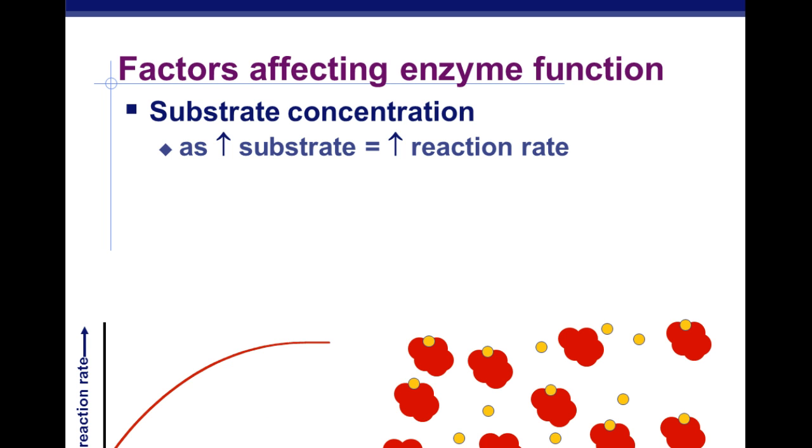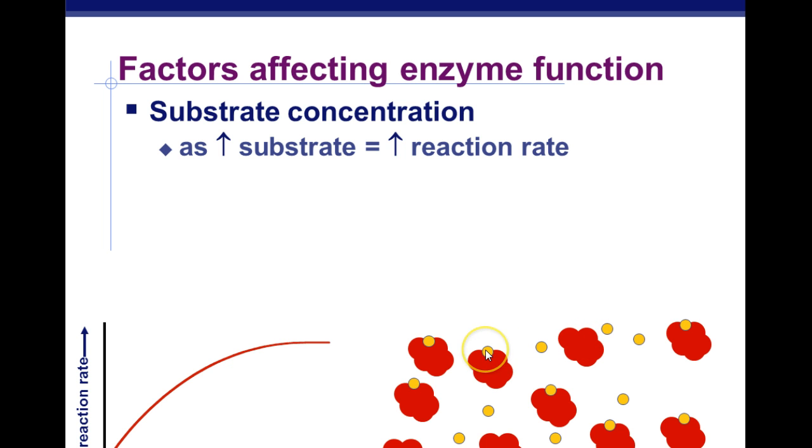Okay, so write in your notes that if we increase the concentration of substrate, we increase the number of times an enzyme has the opportunity to bind with it, and therefore the reaction rate increases. So we see right here a situation where the yellow circles would be the sucrose, and these enzymes would be these red cloud-looking things. And if we flood the environment with more substrate, and you can see there's extra substrate, these substrates are just waiting to bind with this enzyme.